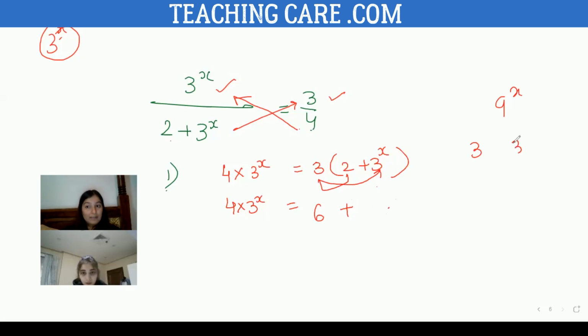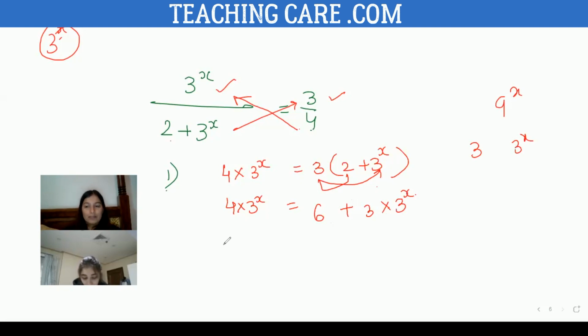These two are not like terms. We can simply write it as 3 times 3 raised to power x. I'm just confused, my brain is not working as fast today. So it stays the same because we can't simplify it. It's okay, take your time, no issues.